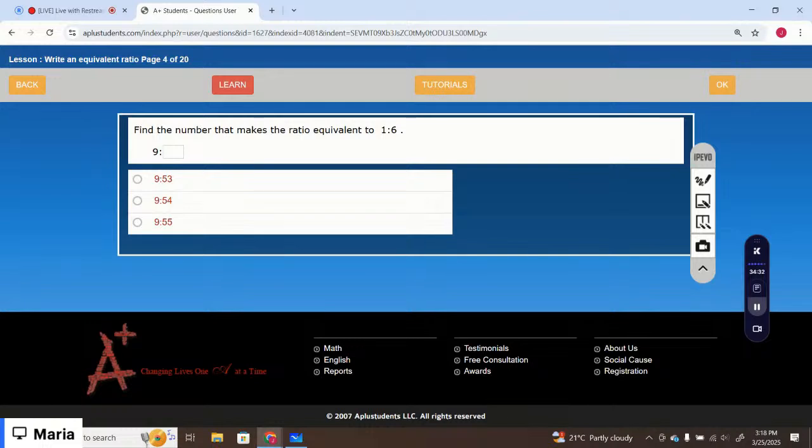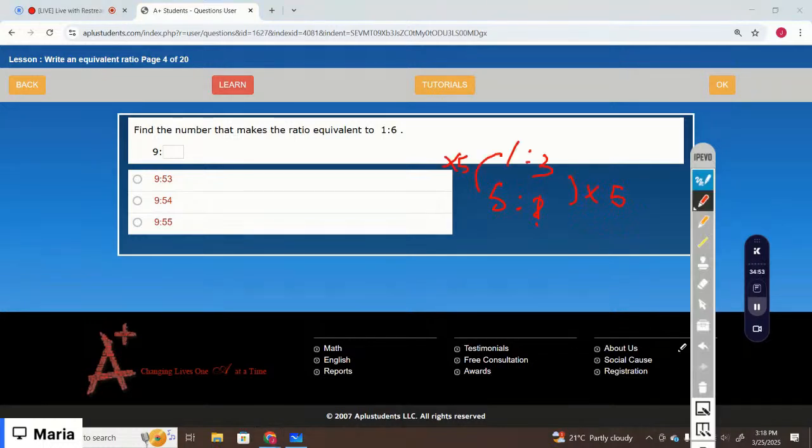Find the number that makes the ratio equivalent to 1:6. So you have 9 the missing one.